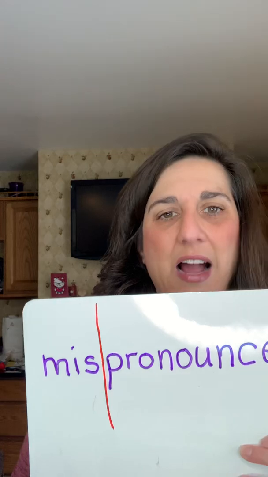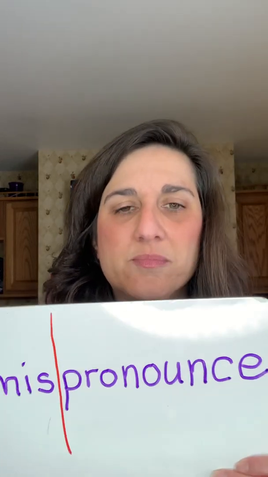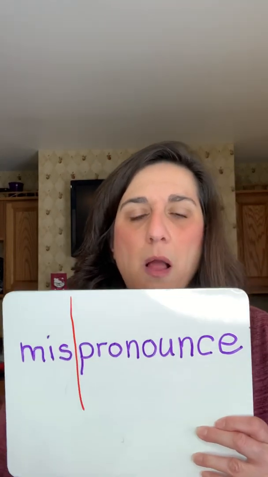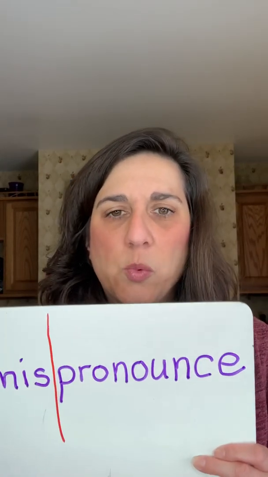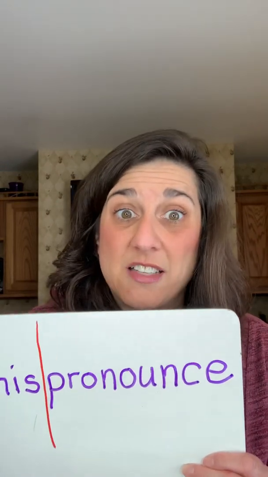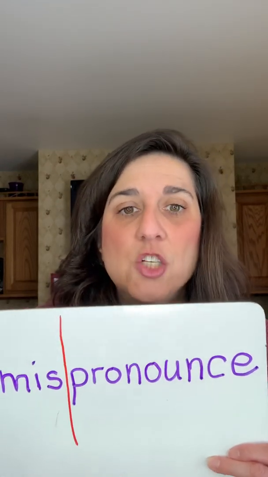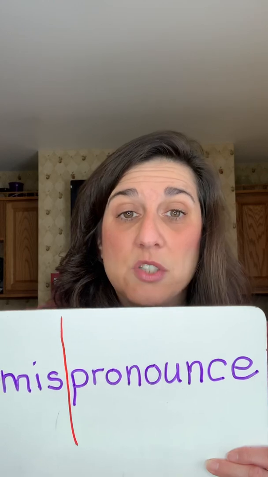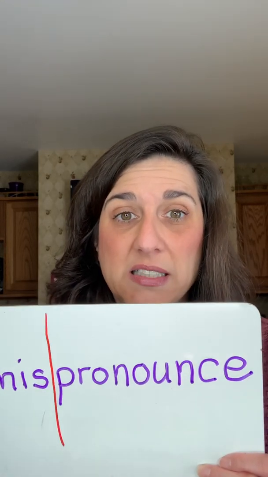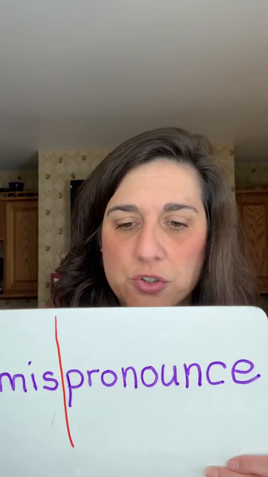We figured it out. That's right. That's a big word, mispronounce. But knowing that prefix will help us, and also knowing pronounce from our last story helps us a lot. Just like the announcers would mispronounce Roberto Clemente's name, right? Just like in our story.